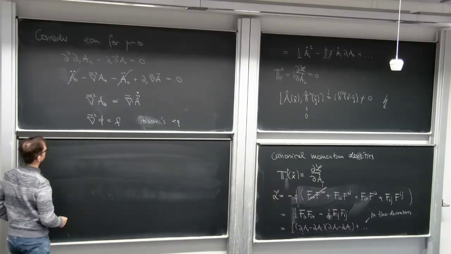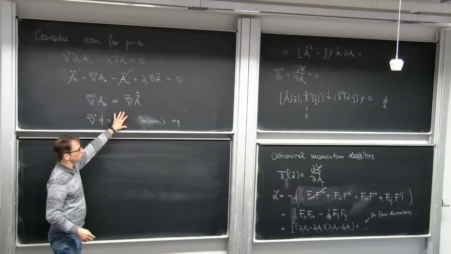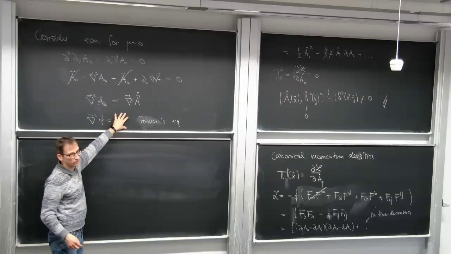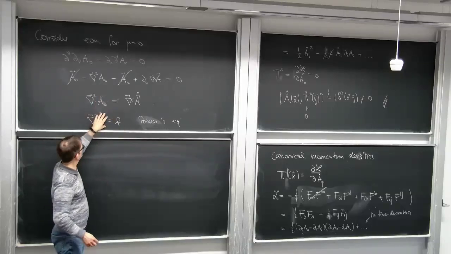The phi is some integral over this thing with the Green's function and so on. But what I'm trying to say is, if this is given, then that's fixed.